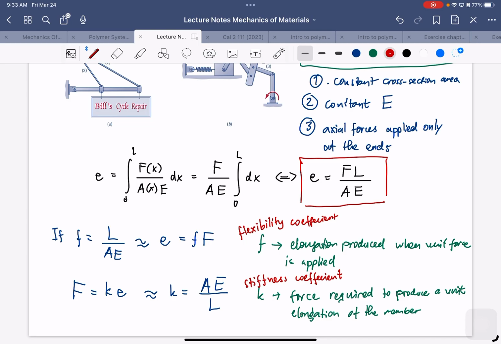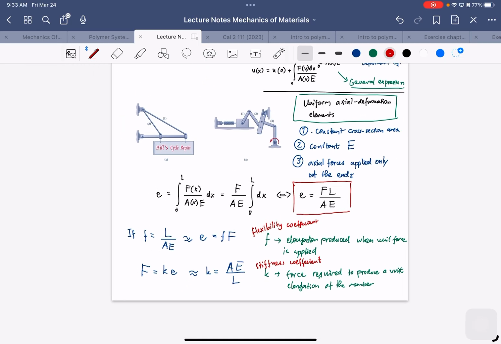And then the additional question will be the elongations, and you can pick up the formula for delta. Okay, now the next is an example.